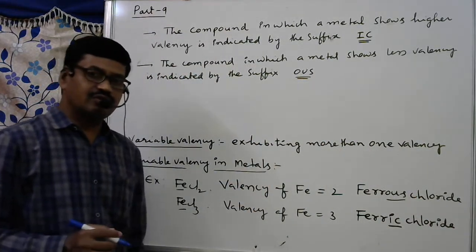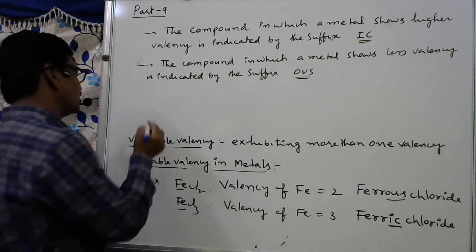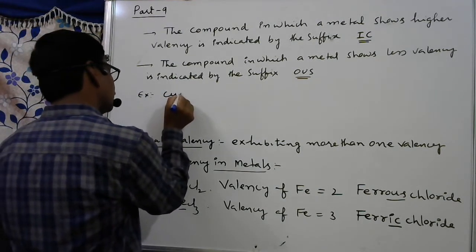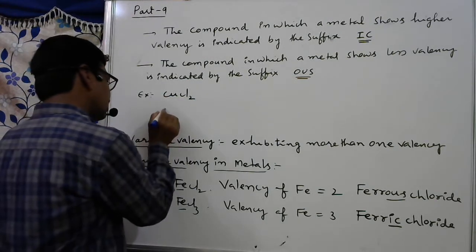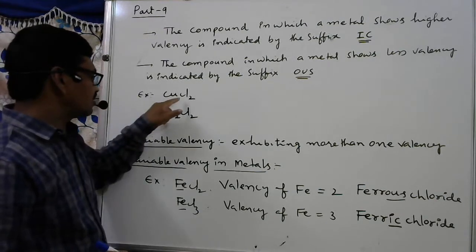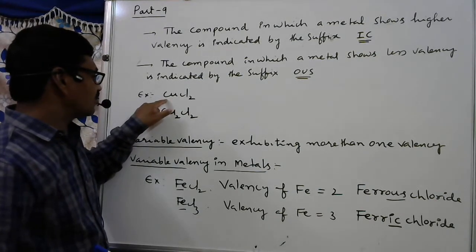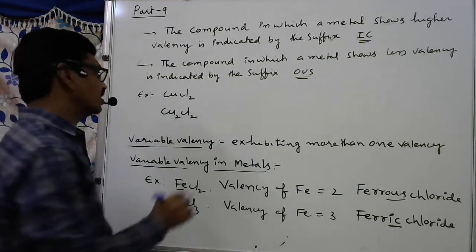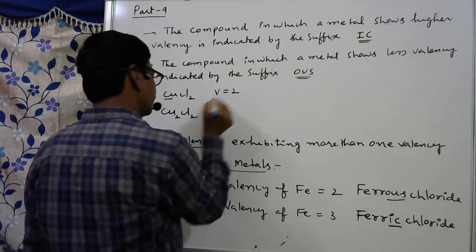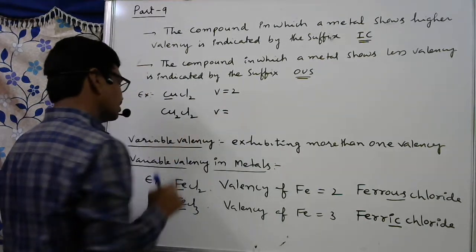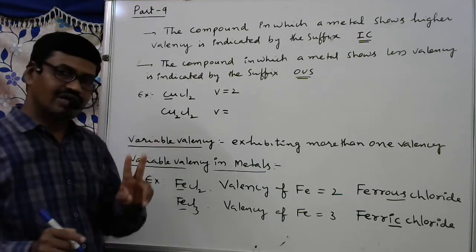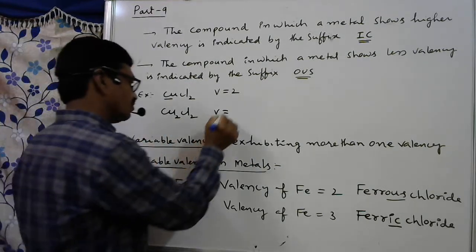chloride. Ferric chloride, and that is ferrous chloride. Like this, we have different compounds, different examples. See here, I am taking one more example: CuCl2, then Cu2Cl2. With respect to chlorine, the valency of copper here is 2. Here I am writing V, V means valency. Here for 2 coppers, 2 chlorines, means for 2 coppers the valency is 2, so for 1 copper it is 1.